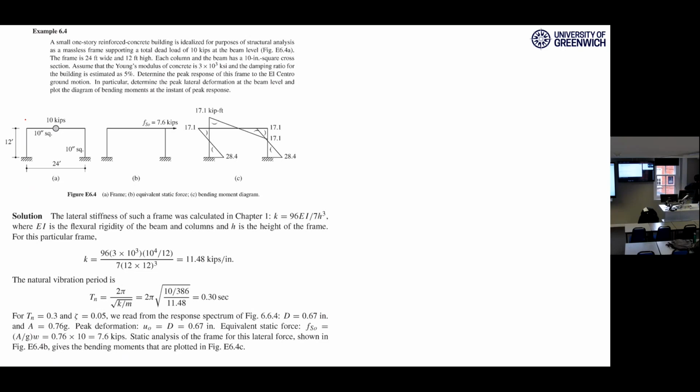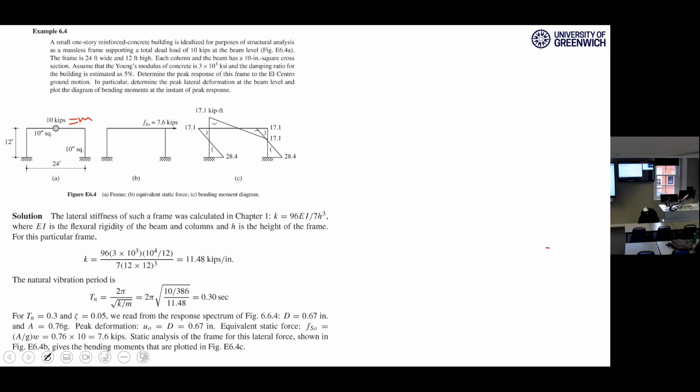So the mass is 10 kips. This is the mass. We are neglecting the mass of the frame in terms of the mass of the floor. Slab mass is dominant, so the mass of 2 columns is really negligible. It's not a big deal.